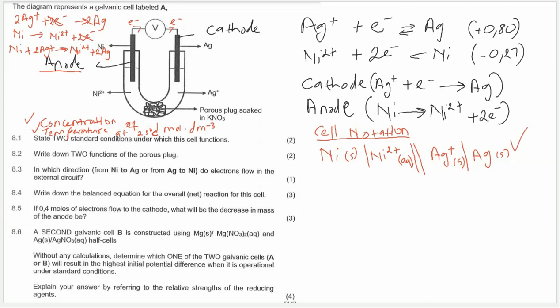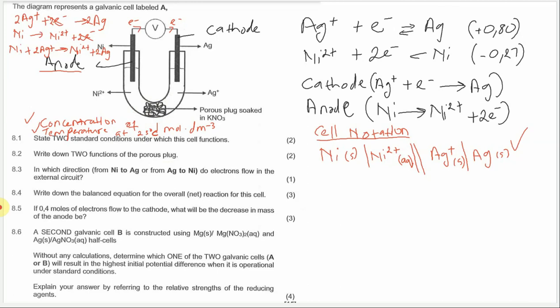Okay, let's go to the second question. The second question asks us to write 2 functions of the porous plug. This is not a normal galvanic cell, but we can realize that here they are trying to tell us to write the function of the salt bridge.